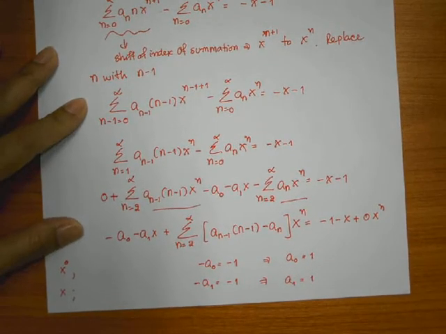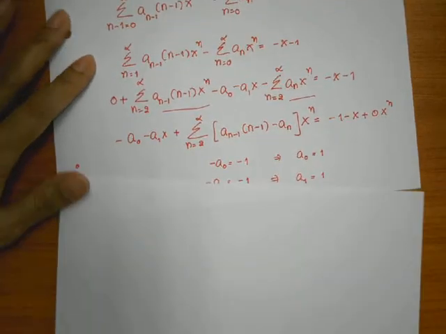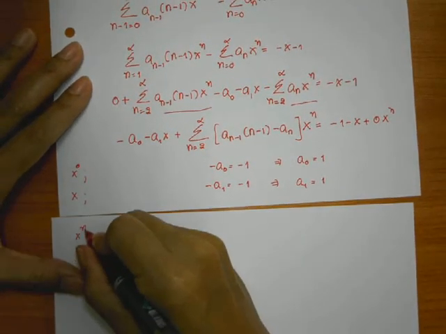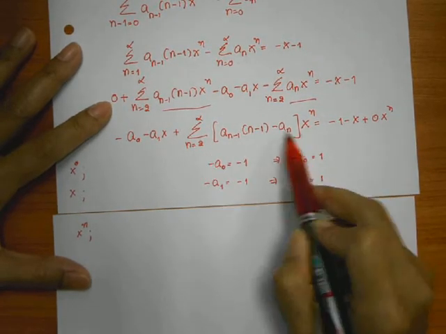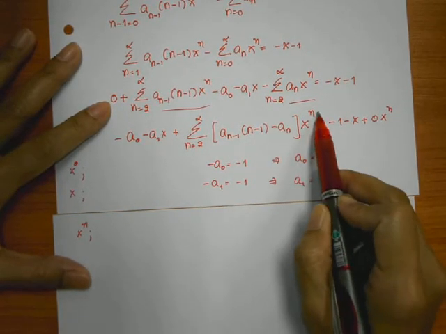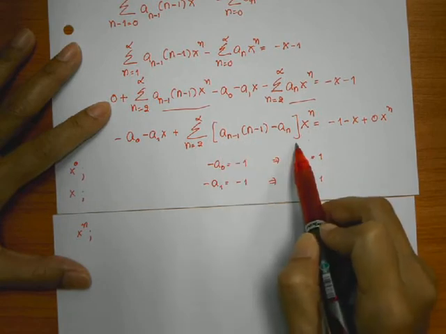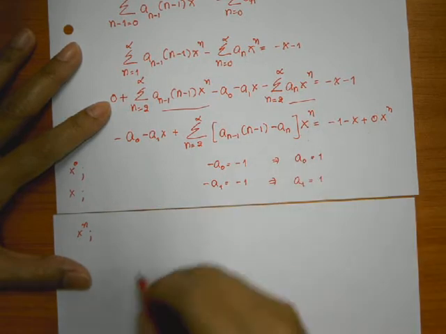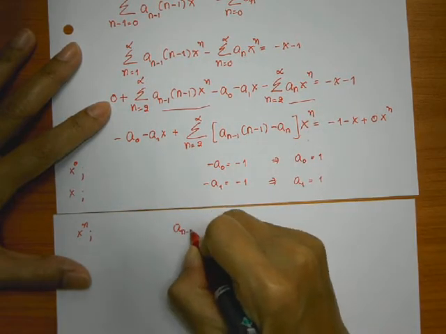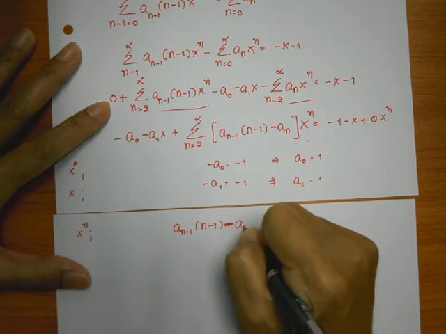And the last term, which is the x to the power n. We got to consider x to the power n can't be 0. So only the number inside the parentheses should equal to 0. So in that case, I would say a_{n-1} times (n-1) minus a_n equals 0.